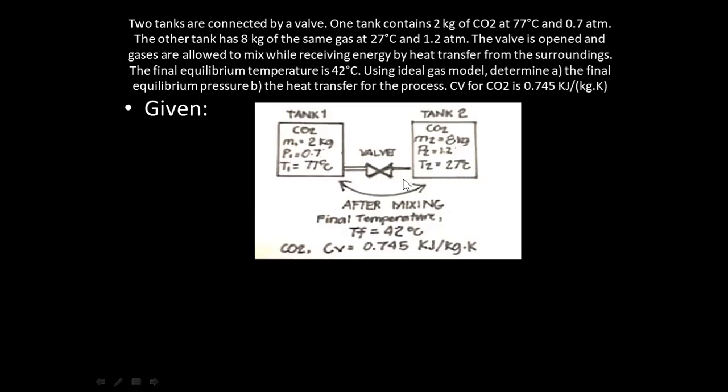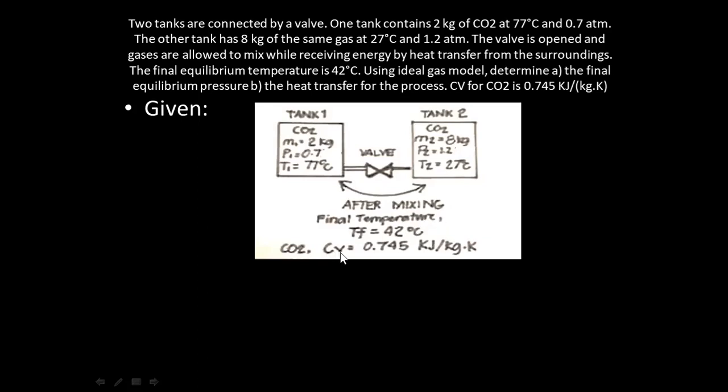When the valve was opened, the gases from tanks 1 and 2 mixed. After a certain period of mixing, the final temperature is equal to 42 degrees Celsius. So this is also the equilibrium temperature.